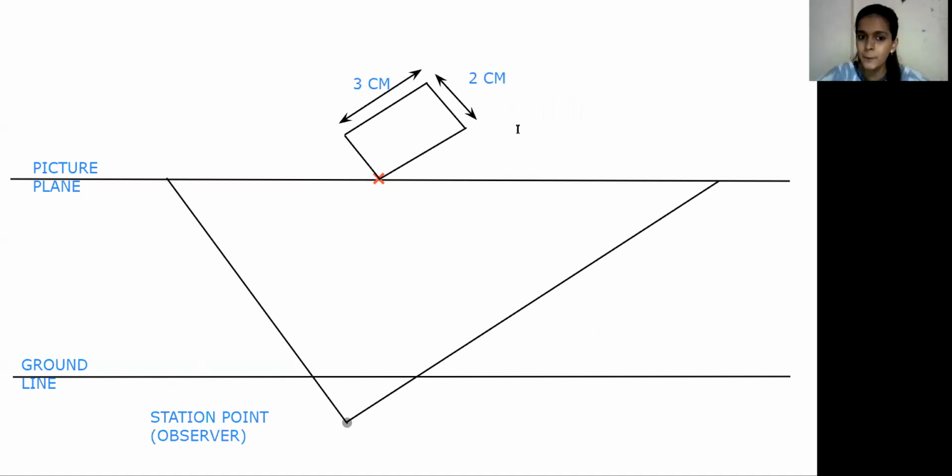Okay, so here the plan is completed. Now the next step. You need to consider 4 points of the corner. Which 4 points? 4 corner points of our plan. What you have to do is connect all these 4 points with our station point or observer.